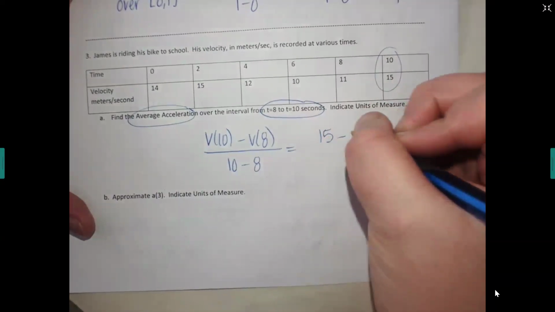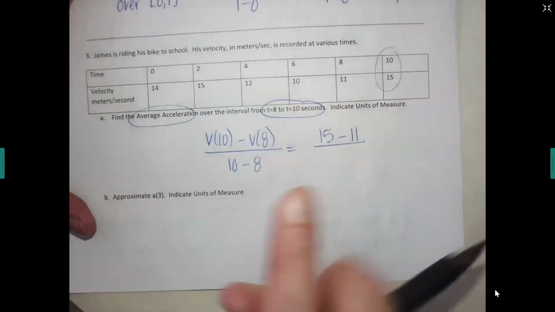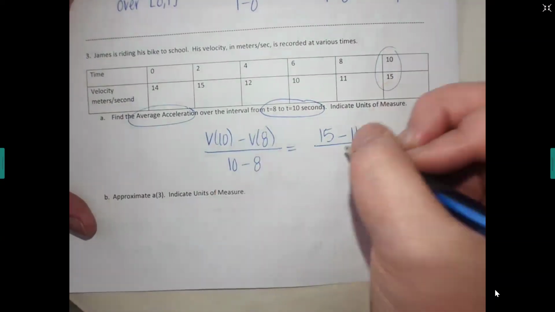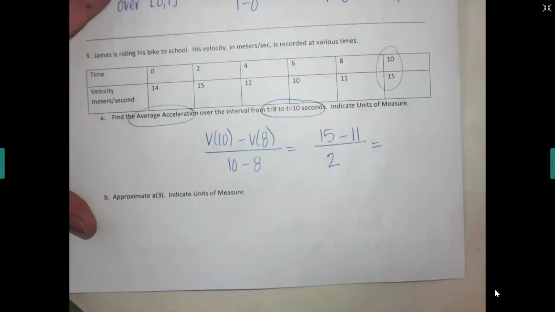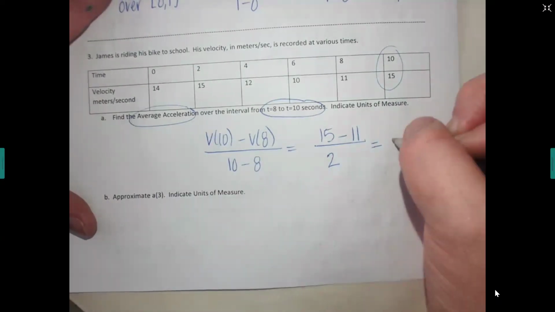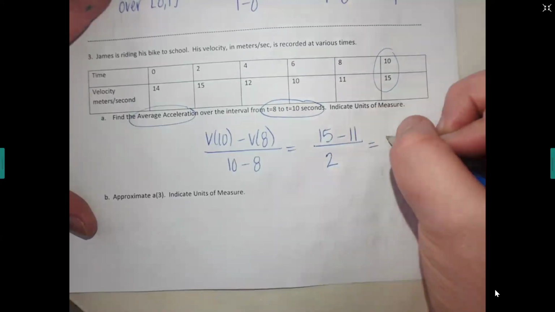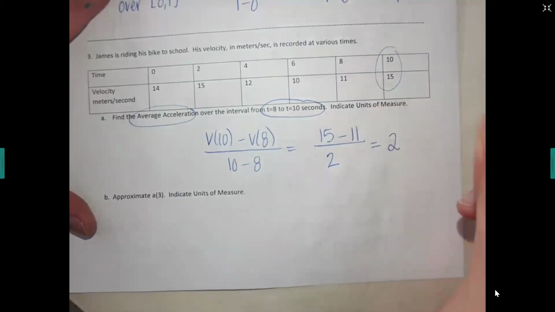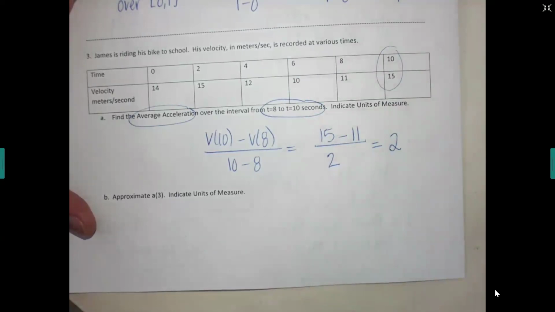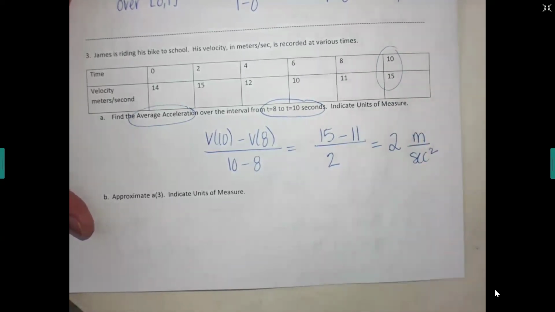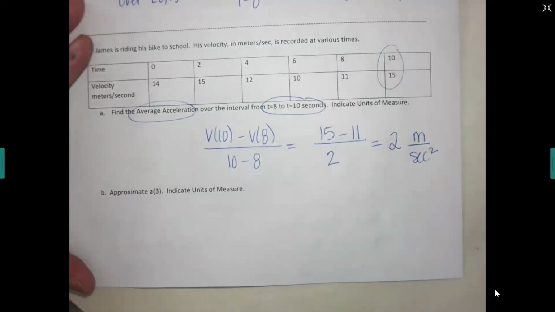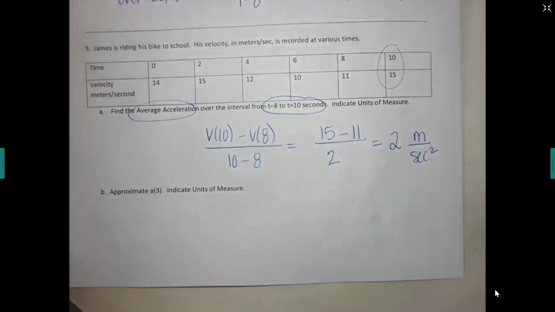Okay, and then at 8, it's 11. On the bottom, 10 minus 8 would be 2. 15 minus 11 is 4. Divide that by 2, what do we get? 2. Meters per second, what? Squared if it's acceleration. Okay, so acceleration is meters per second squared.